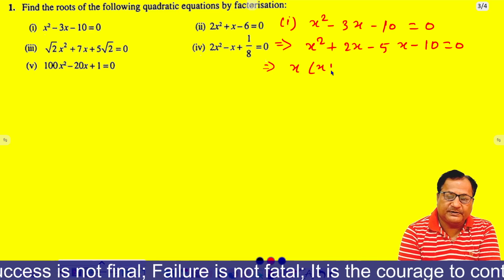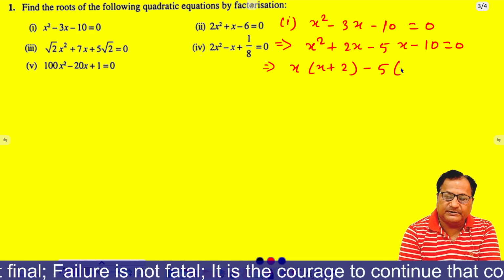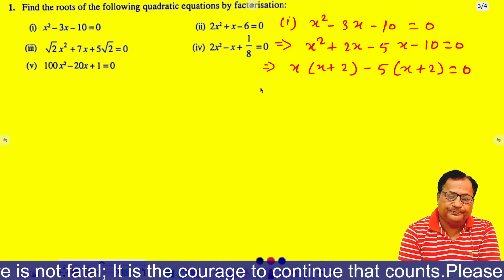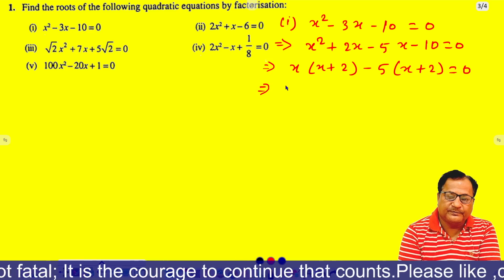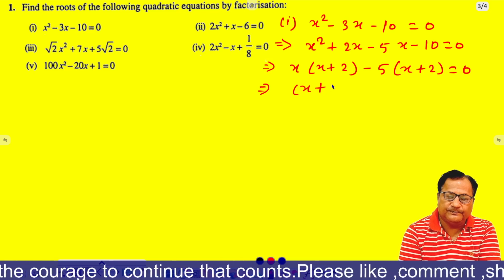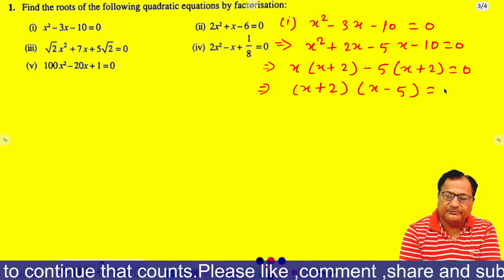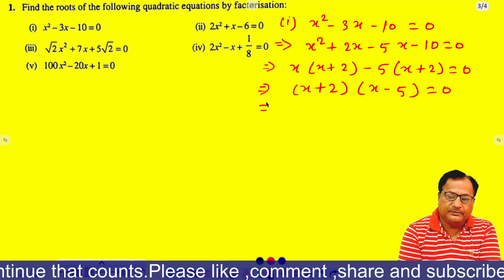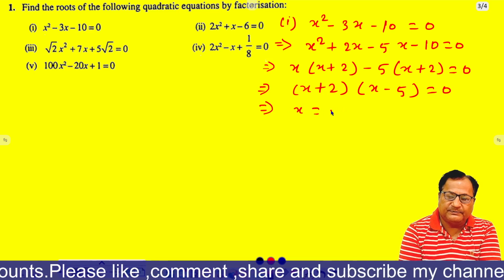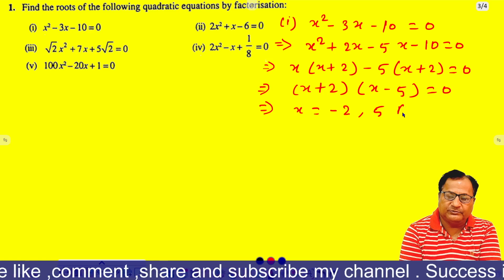Take common: x plus 2 minus 5, then it will be x plus 2 equal to 0. Take x plus 2 common, then it will be x minus 5 equal to 0. So x equals minus 2 and 5. These are the roots. So this is the answer.